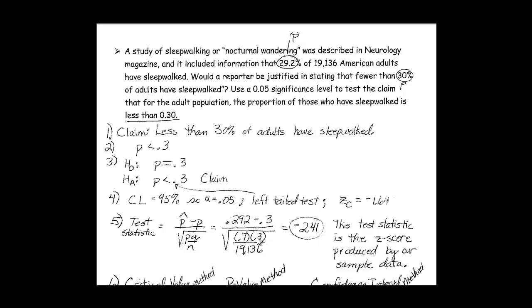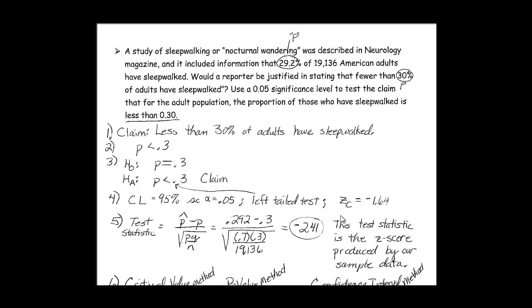And again, remember that in this formula for our test statistic, we're putting in our p and our q that has to do with our proposed proportion, over our sample size. We end up getting a very, very small z-score.